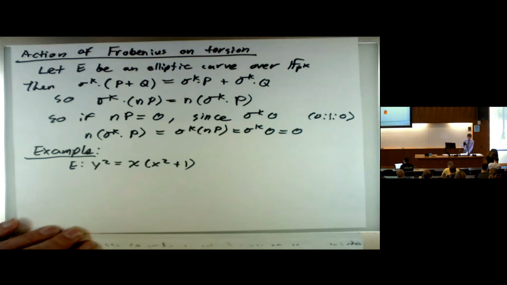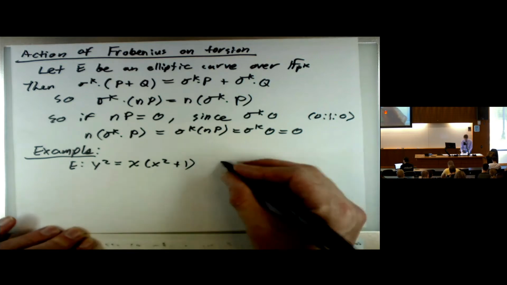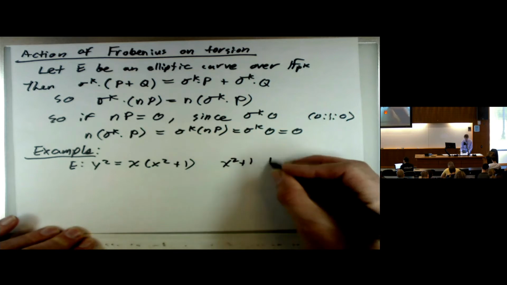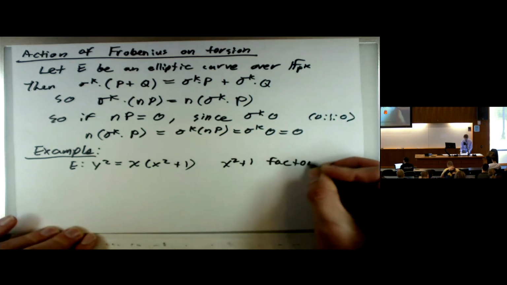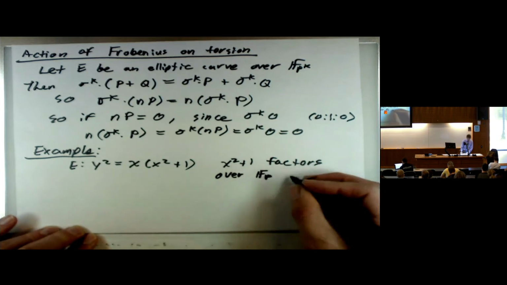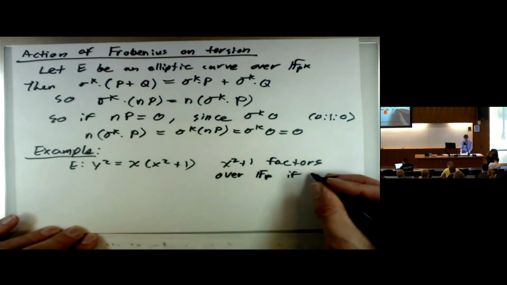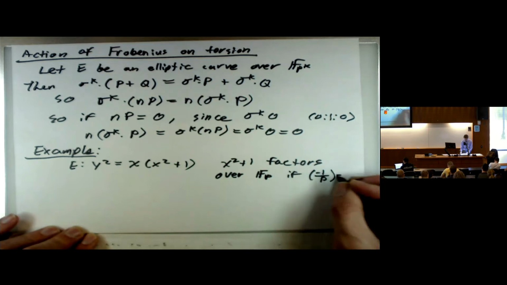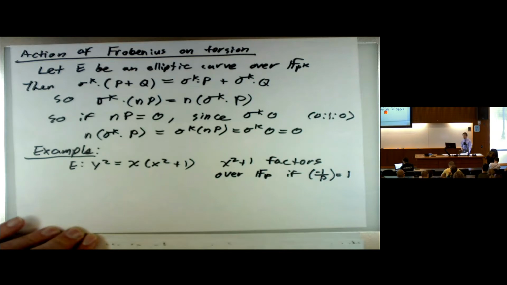And there's a condition that tells us whether or not we have full 2-torsion, just based on congruences. So x^2 + 1 factors over F_p if -1 is a quadratic residue, and therefore if p is congruent to 1 mod 4.